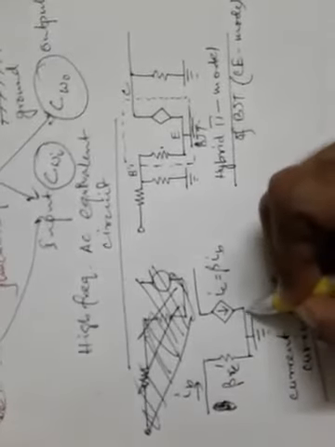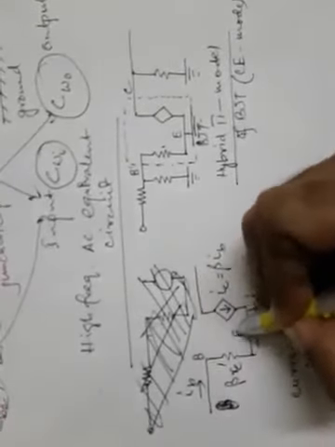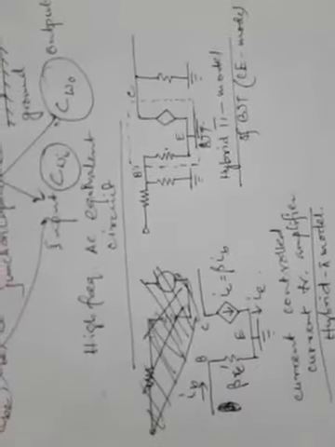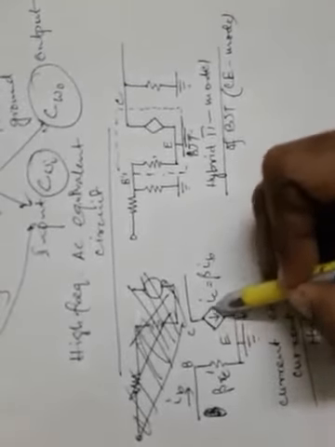This is IE, the emitter current flowing to the emitter; this is the base, this is the emitter, and this is the collector. It is represented as a diamond shaped source.